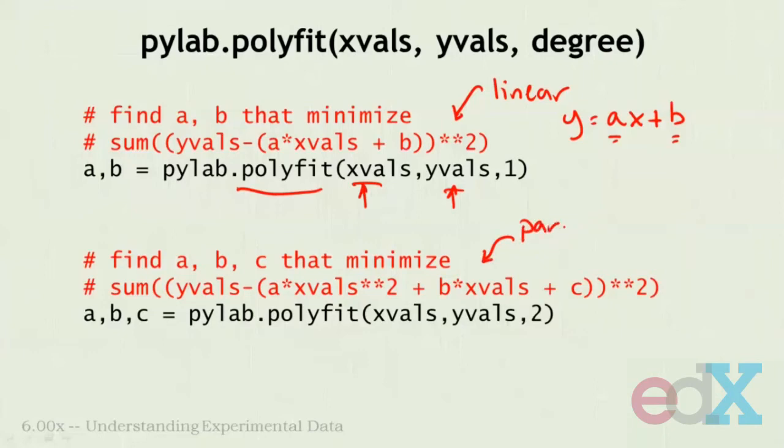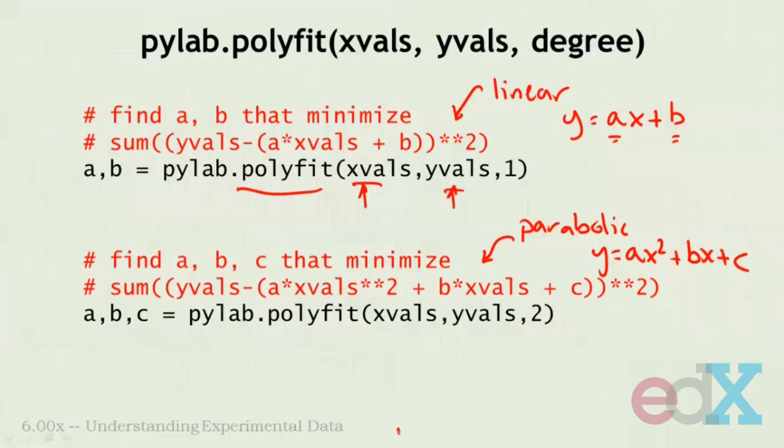We can also ask for fits with higher degree polynomials. Here's one that does a parabolic fit, so this would be a second degree equation. Here we're assuming that the relationship between the basic parameters and the observation is governed by a second order equation, so ax squared plus bx plus c.